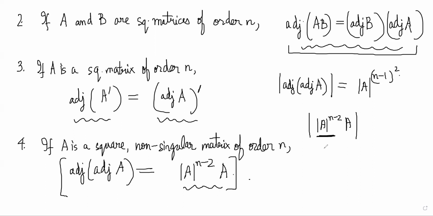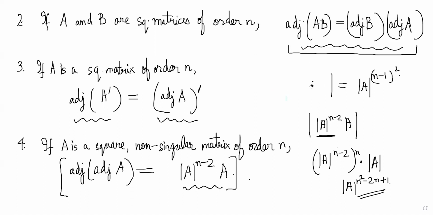So it becomes (n minus 2) power n and then det of A to the power n times (n minus 1). So finally it is becoming det of A to the power n square minus 2n plus 1. So it fits the earlier property which was talking about the det of adjoint of A. But right now we don't have to prove that.